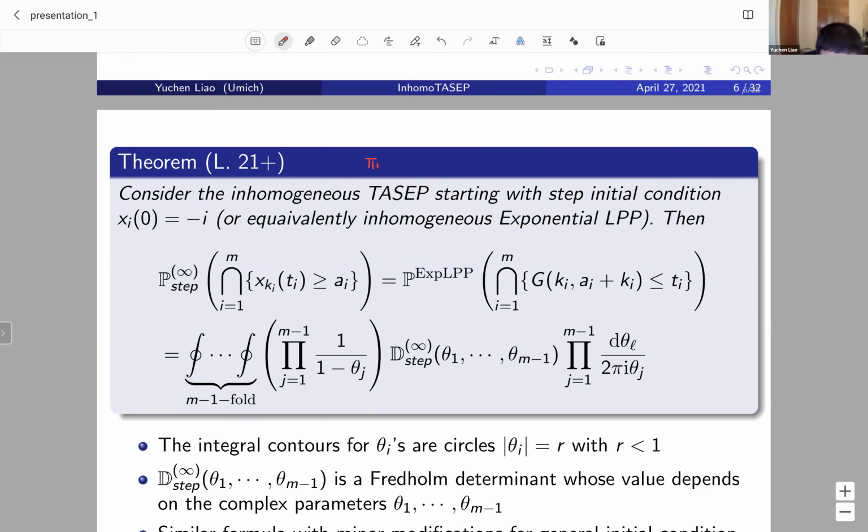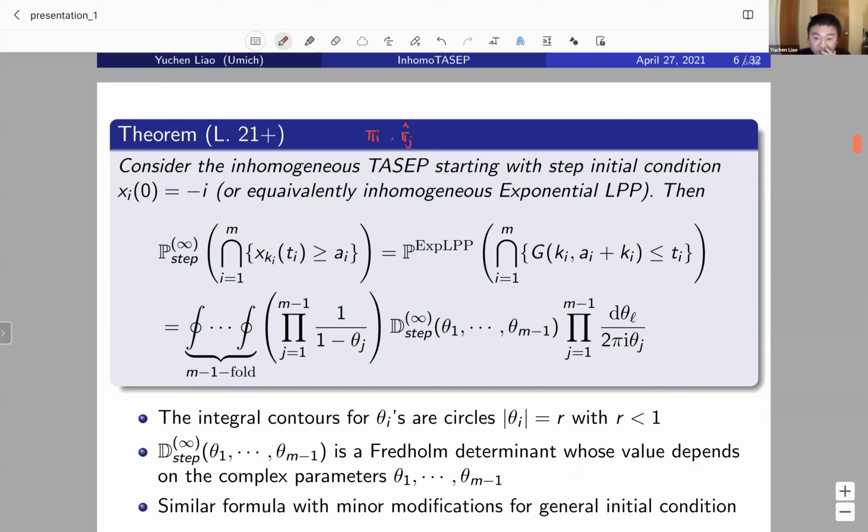I just want to remind you, these basically correspond to introducing different jumping rates for different particles and empty sites essentially. And here for presentation reasons, I'm sticking to the step initial data, xi 0 equals -I. This finite time formula works for general initial condition without too much modification of the formula.